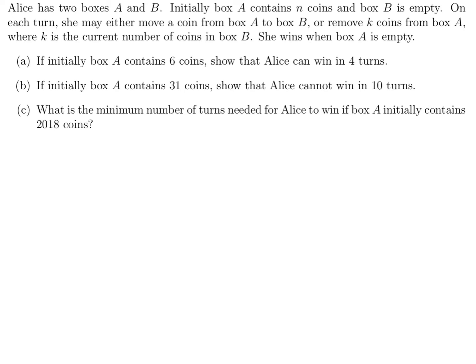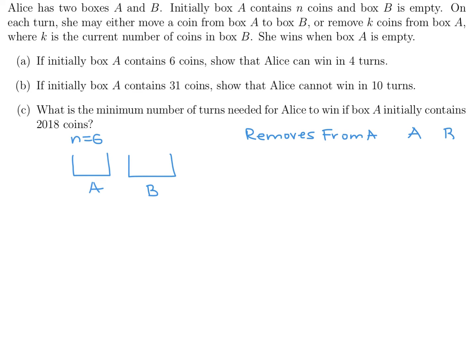Okay. So we have box A and box B, and initially we have 6 coins in box A. So we'll make a little table here. We'll put how many she removes from box A, how many are in A and B, and I think that's it, right?